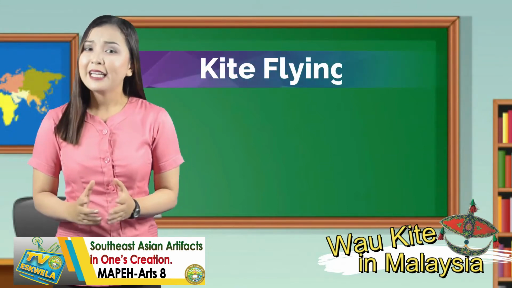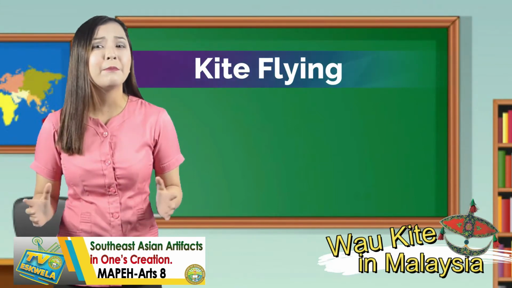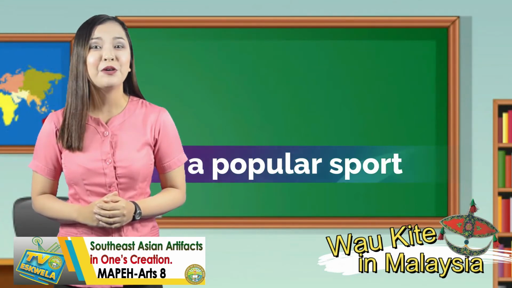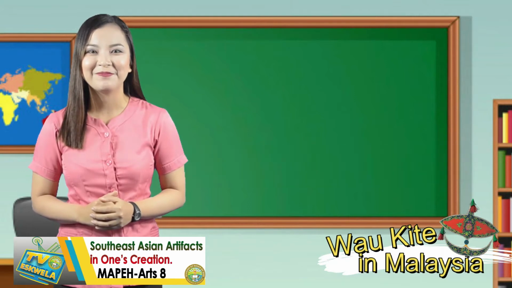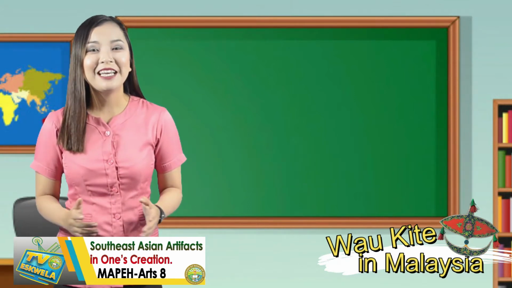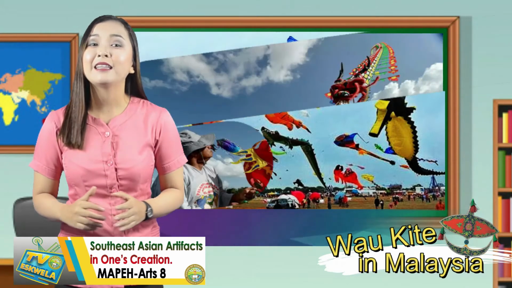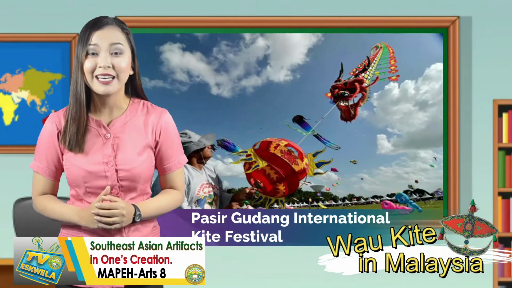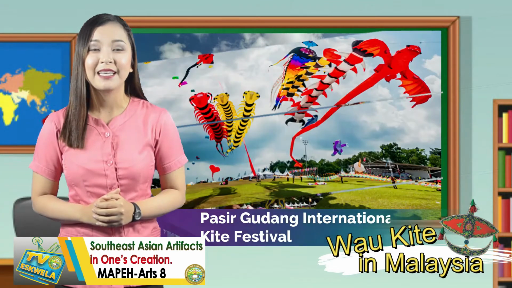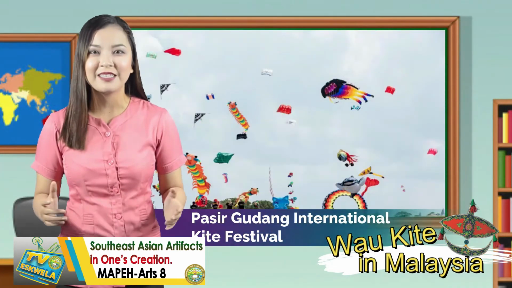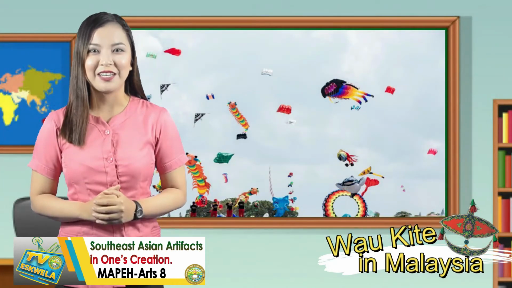Now, kite flying has become a popular sport not just in Malaysia but also internationally. Malaysia celebrates kite festivals annually, like the Pasir Gudang International Kite Festival. These kite festivals encourage more tourists to visit their country.